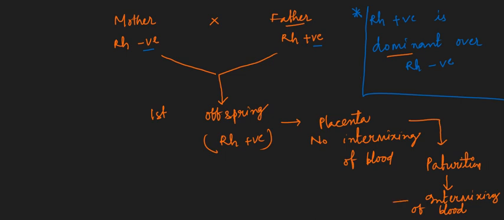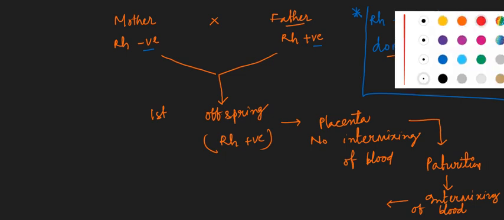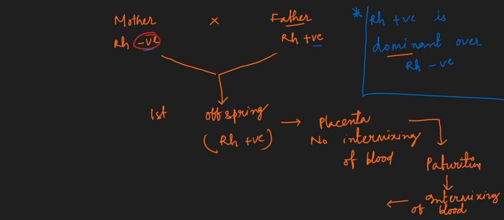So, see here. Intermixing means the mother will get positive blood. The mother is negative, meaning she is lacking Rh antigen, but the baby's blood is mixing with the mother's blood.